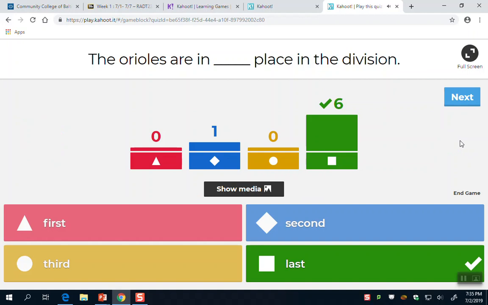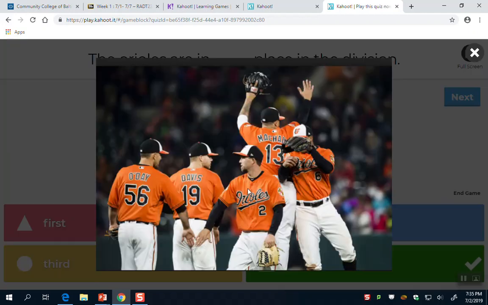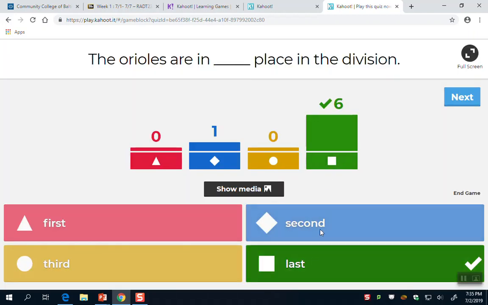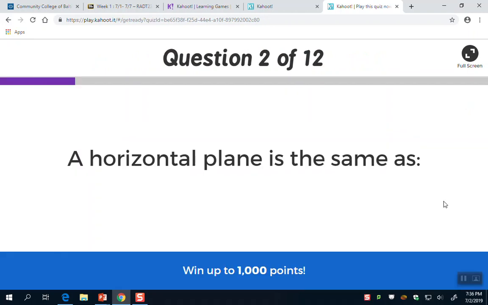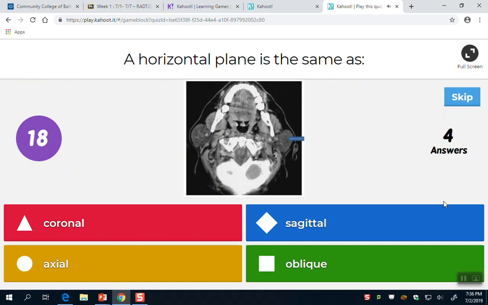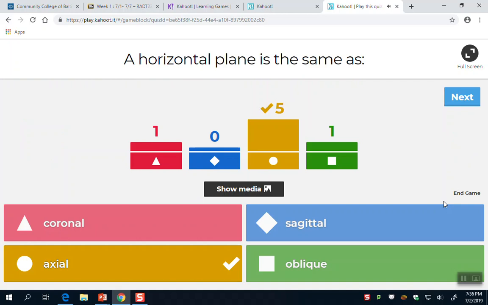They're rebuilding, right? Look, I picked this picture, and I think we only have Chris Davis left on our team. This was from a couple years ago, so anyway. Okay, Kelly's in first with 964. Good job. All right, next question. As soon as the last person has submitted, the answer comes right up, so we don't have to wait for 20 seconds. So that's a good thing.